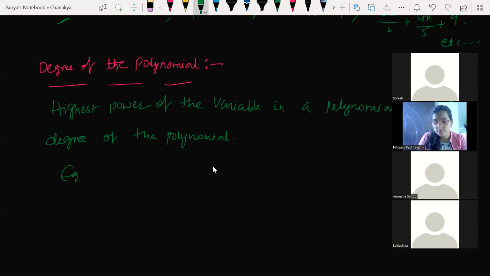For example, look at this here. You write x cube plus 2x square minus 5x.